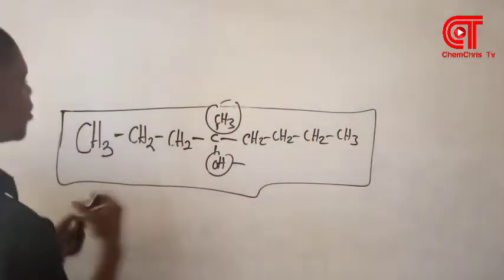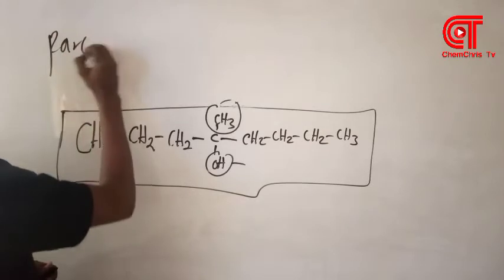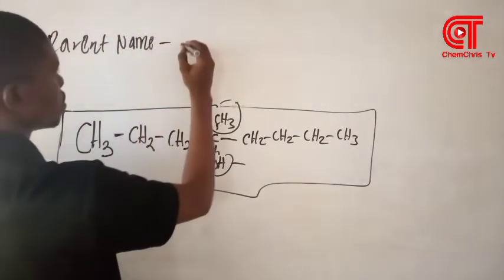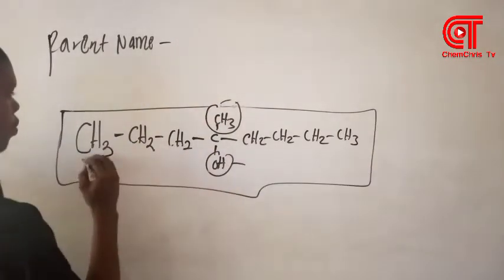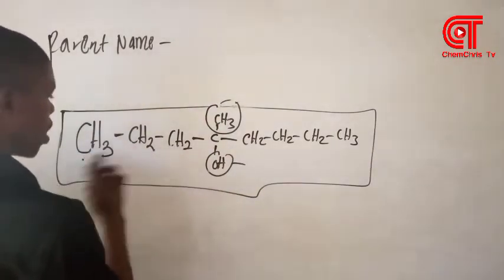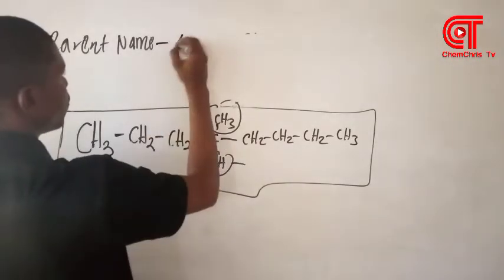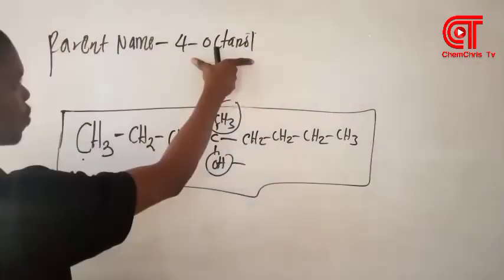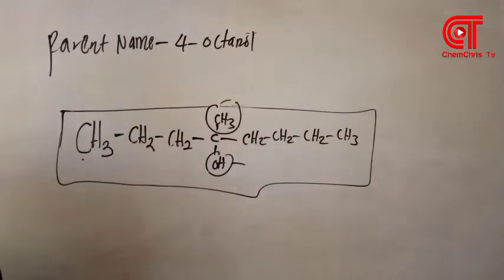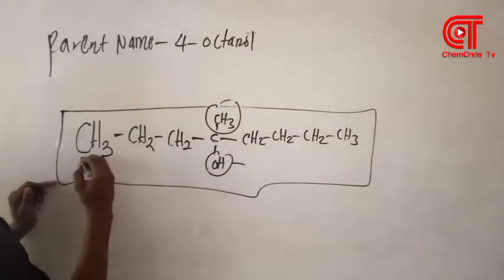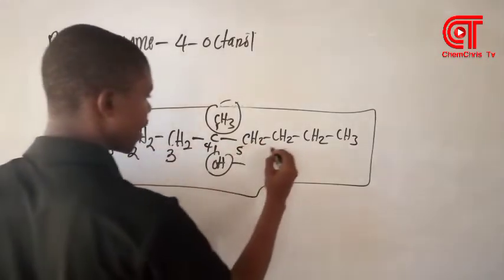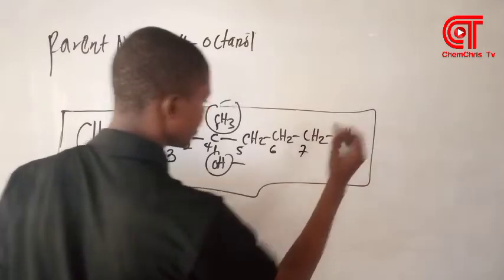So then my parent chain here, the parent's name is 4-octanol, right? You get, the chain is 4-octanol. Then I'm starting my name from 1, 2, 3, 4, 5, 6, 7, 8.